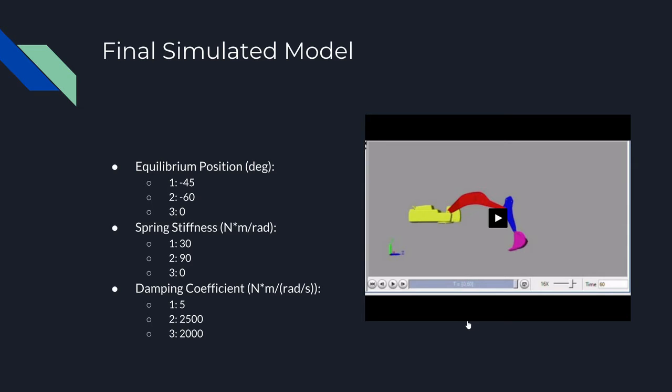Yeah, so the damping coefficient that we have, we chose incredibly high ones for both the stick and the bucket because the friction within the motors themselves causes it to not be able to freely rotate. We chose a relatively low one for the boom because it was a lot easier to manipulate.